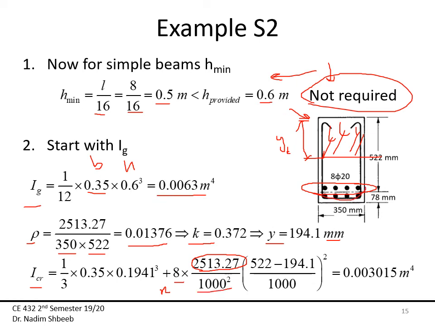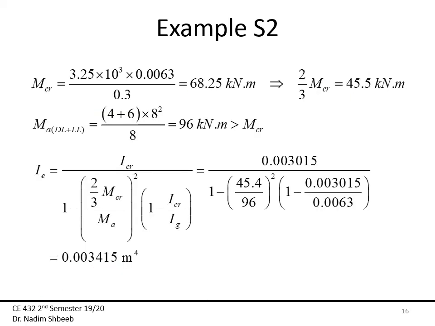Here I'm converting it to meters, excuse me. D minus this part, so I'm taking the moment again about the neutral axis, over 1,000, again converting to meters, squared. Here I'm using the parallel axis theorem, again like we did before. So this is equal to 0.00305 meter to the 4. So now I have I cracked.